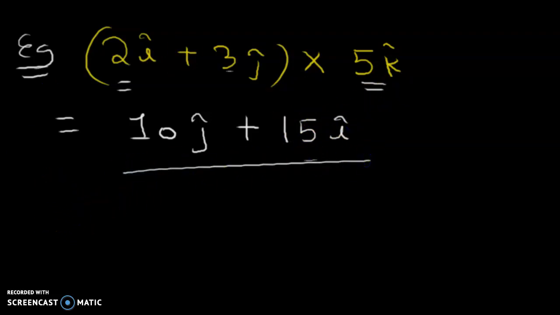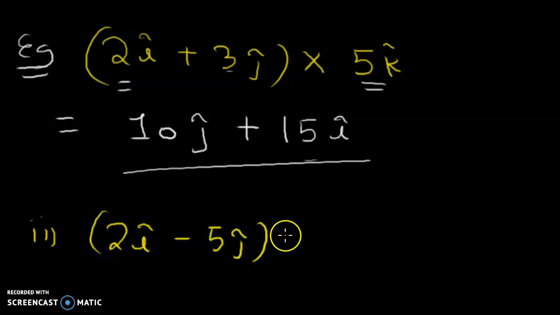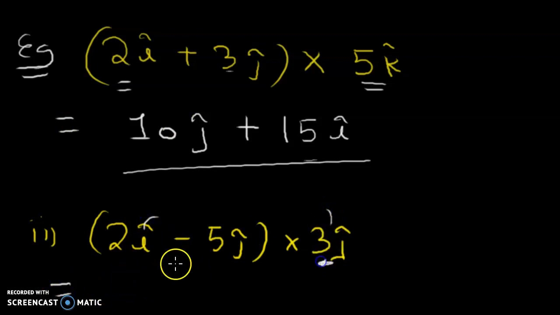Simple. If I ask you a second question like this, 2i cap minus 5j cap times 3j cap. So what would be the answer? So first of all, i cap, j cap. Just multiply this digit with each one of them. 2 times 3 is 6. i cross j would be k cap.